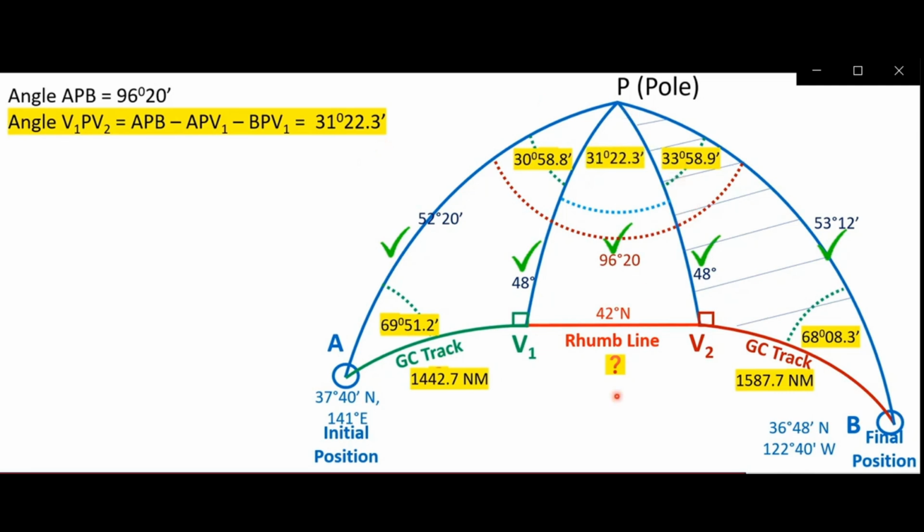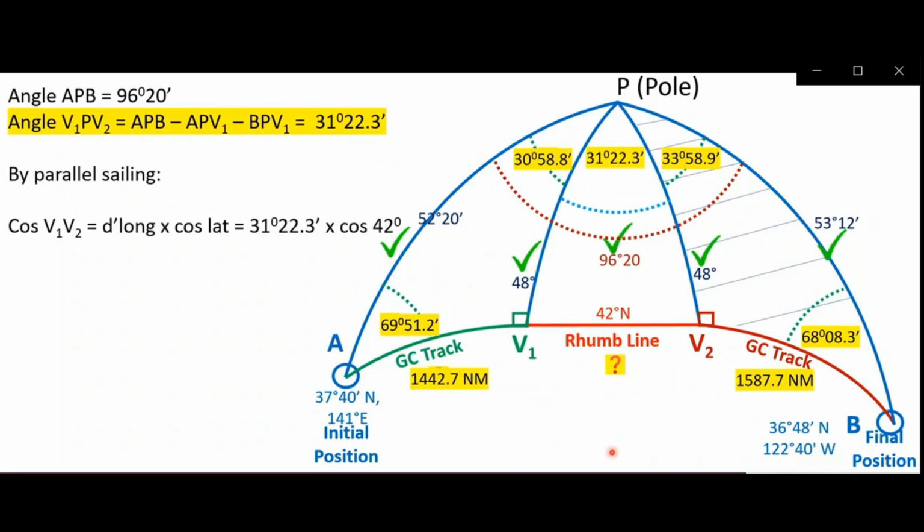So now the only missing part is this rhumb line distance. We know this 31 degrees 22.3 minutes is the D long between V1 and V2. Also, the vessel is doing a rhumb line along 42 degrees north. So this distance shall be the corresponding departure in this latitude. By the parallel sailing formula, cos lat is equal to departure upon D long.